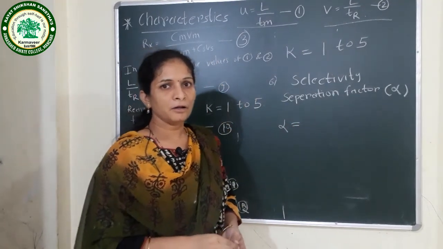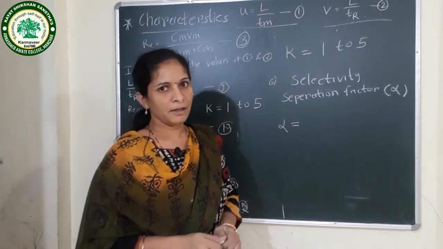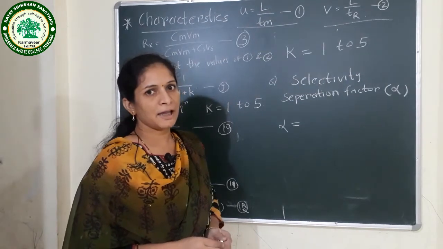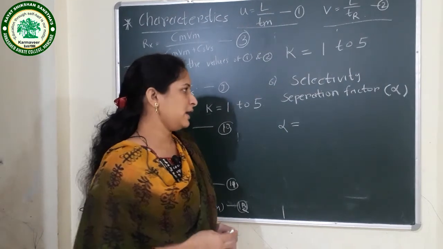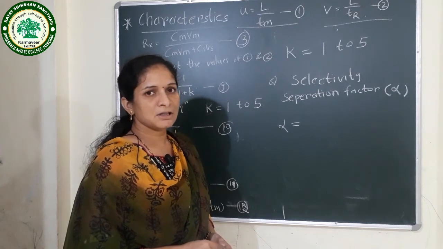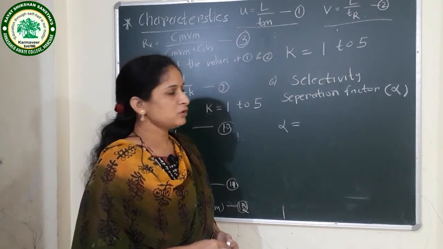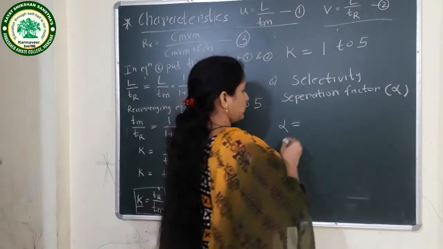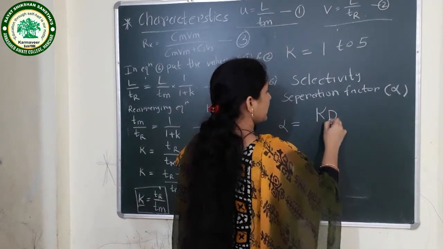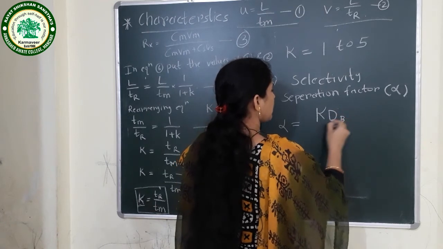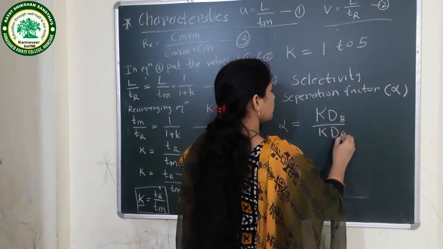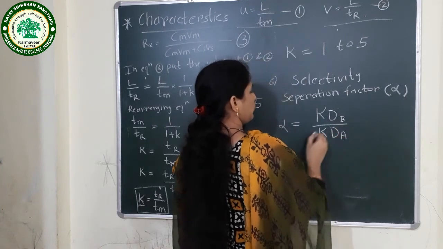We are taking two samples A and B. The distribution coefficients of these two samples are KDB and KDA. The separation takes place on the basis of the distribution coefficient in this chromatography. Now this alpha will be given by KDB upon KDA. Here the B component is more retained than the A component.